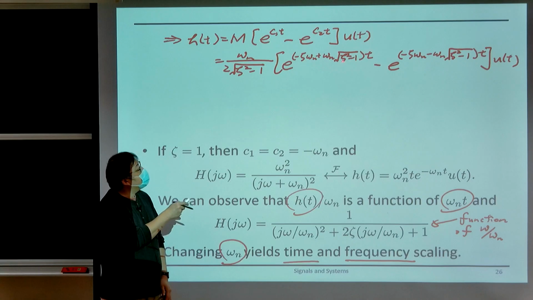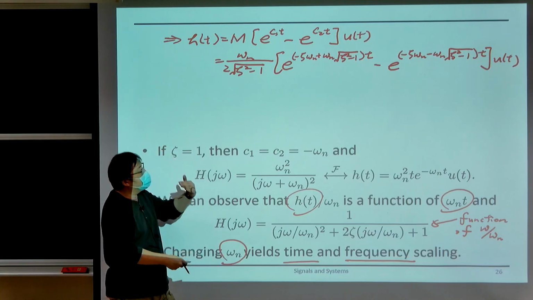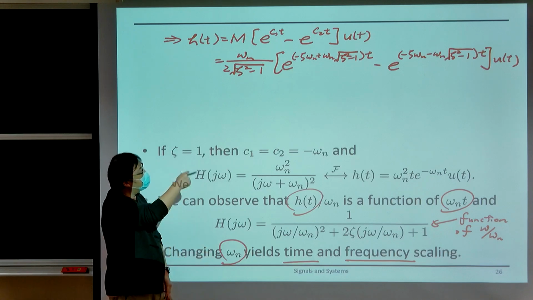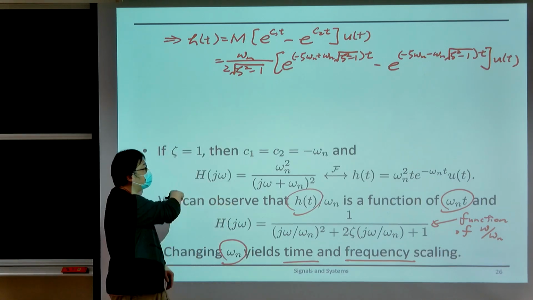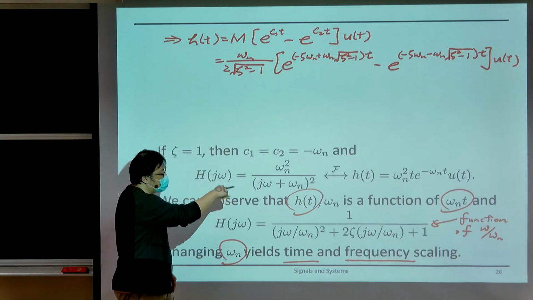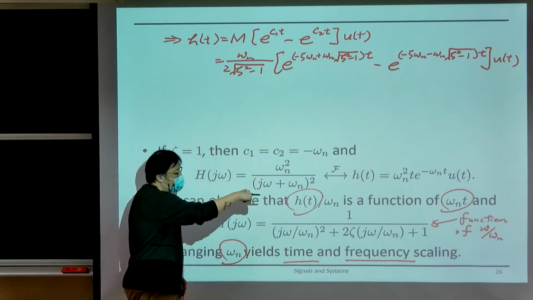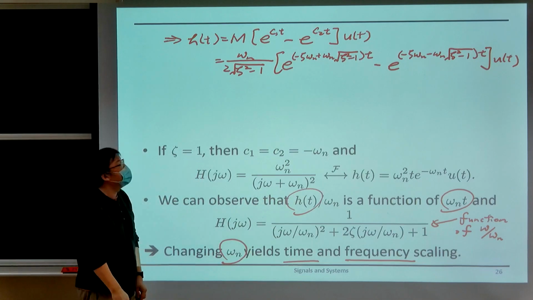So when zeta is less than 1, this part gives you a sinusoid. But then what does this part give you? All right, this part gives you a decaying exponential. So as time t increases, this is a decaying exponential. So we have a sinusoid multiplied by a decaying exponential. So we basically have a sinusoid that oscillates less and less as time goes on. Okay?